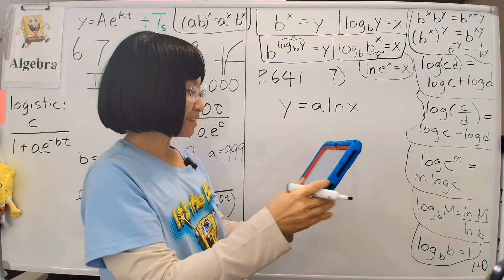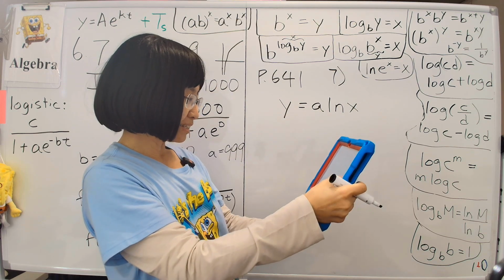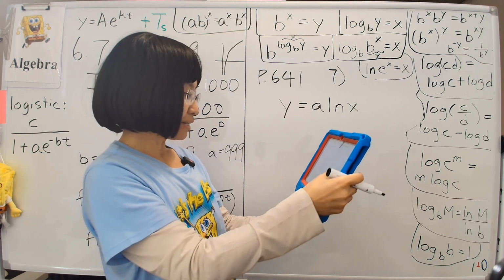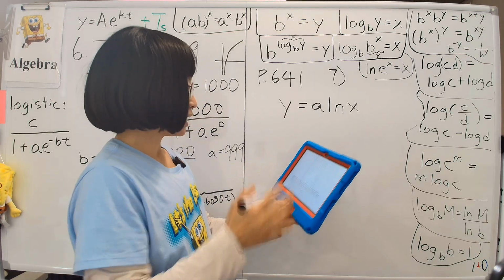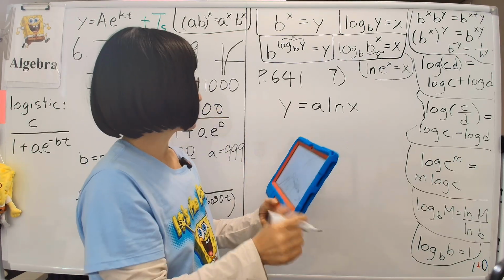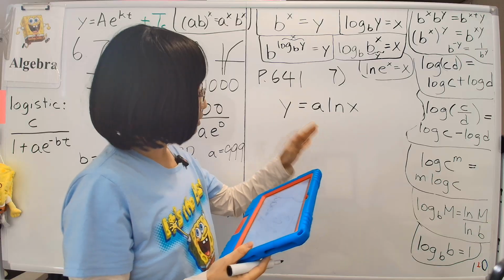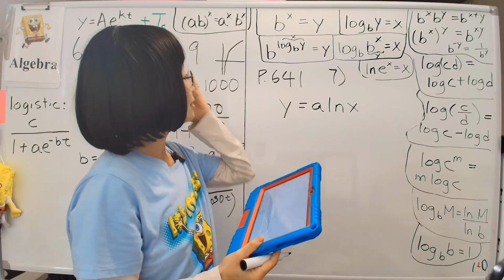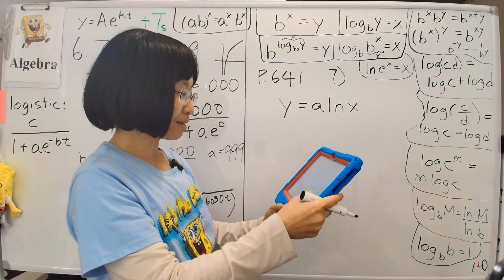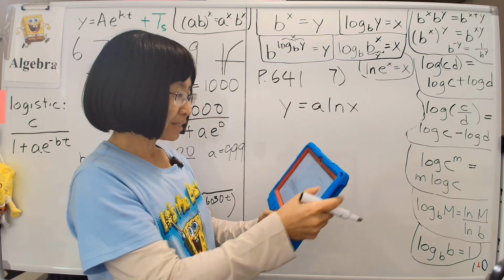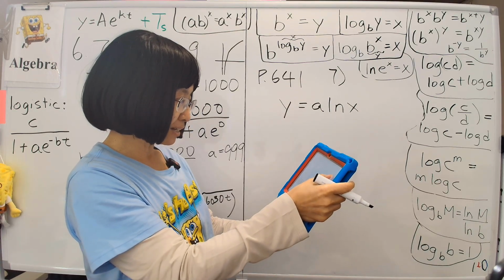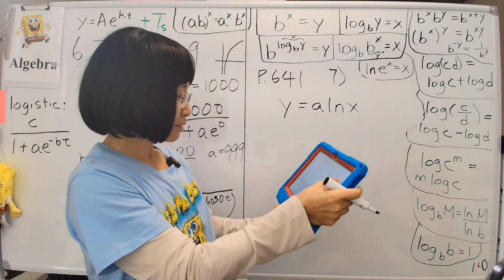Anyway, then we'll try to fit this information in there to see if it works. Then we'll know what a is. To check how our guess works out, let's say y equals a natural log of x, and then we'll pick a piece of data to calculate what a might be.